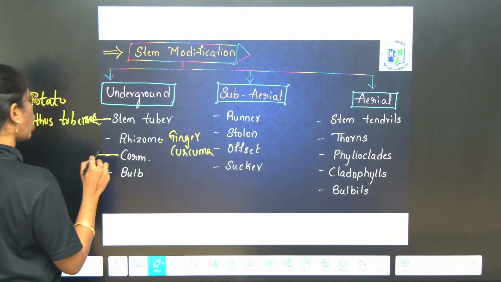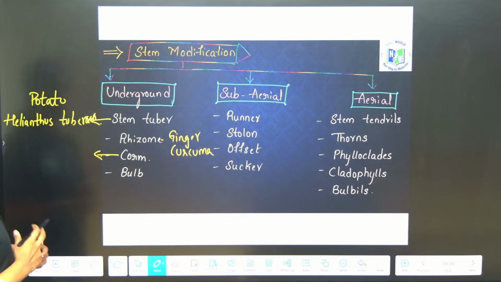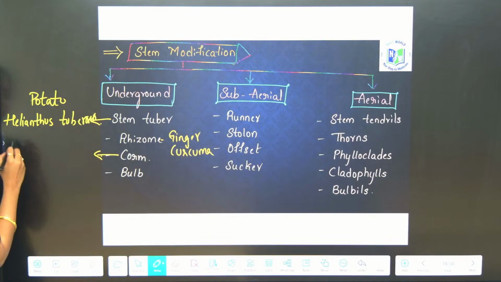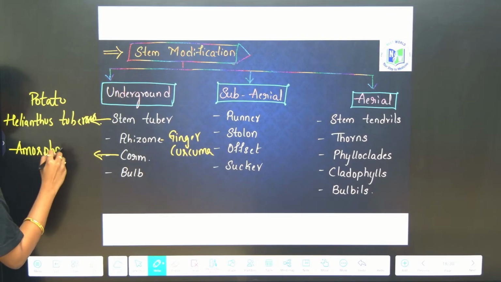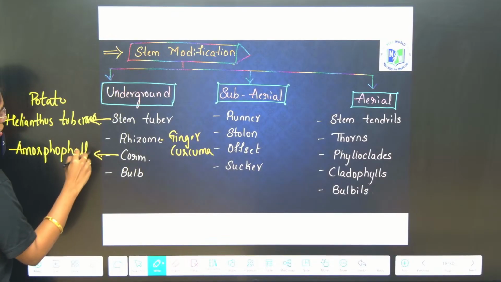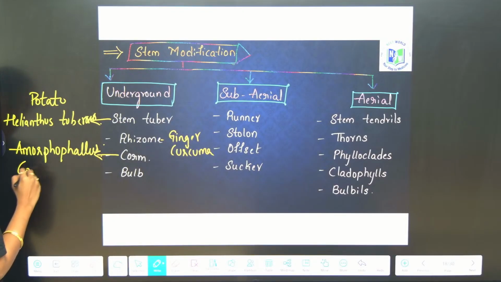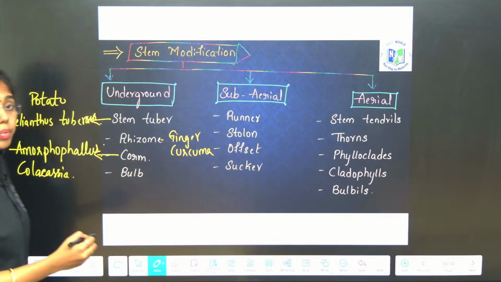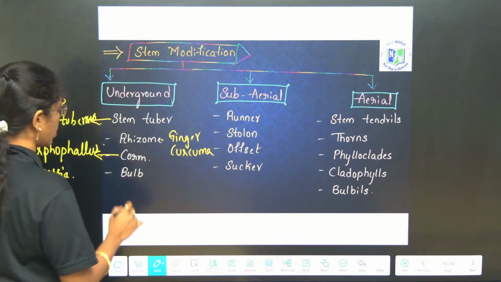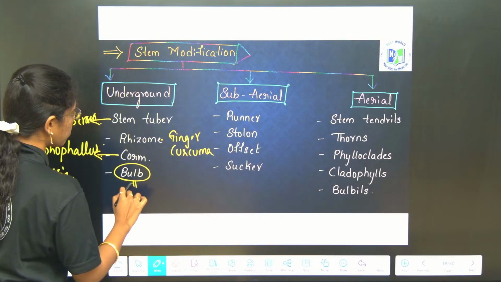Fine, and corm. Corm includes what examples? Amorphophallus and colocasia. Bulb, we have simple tunic and compound tunic, but altogether bulb examples are what, ma?